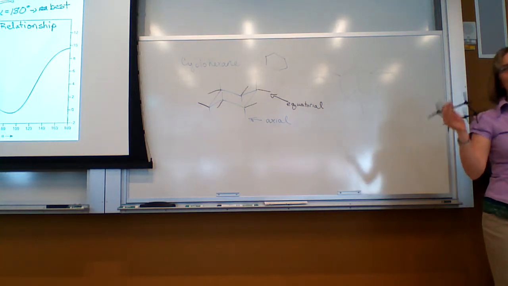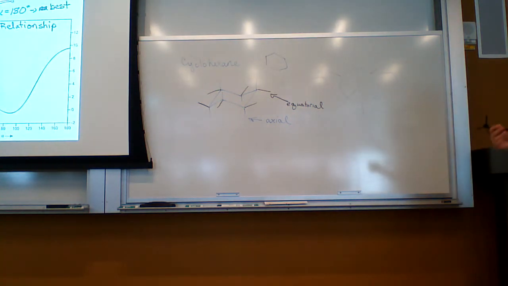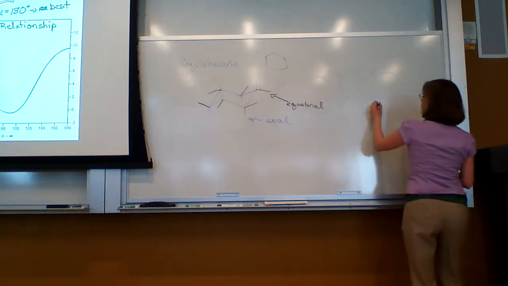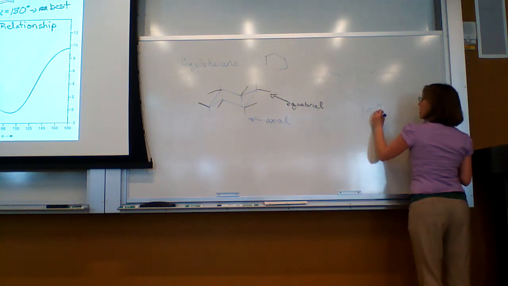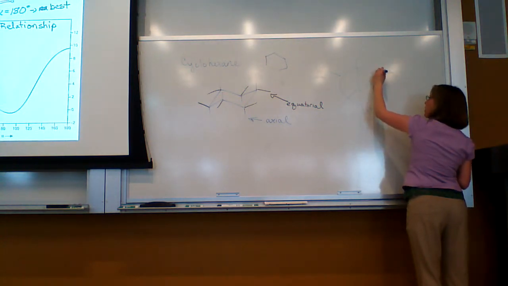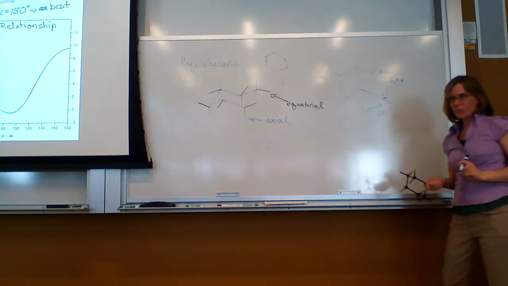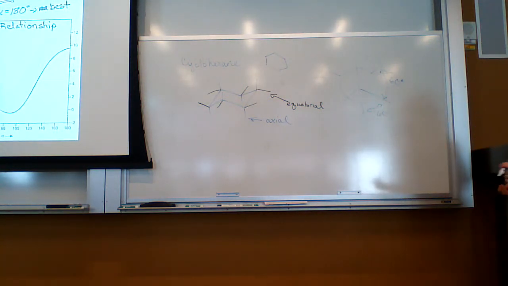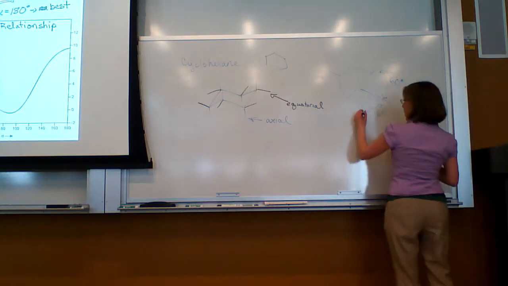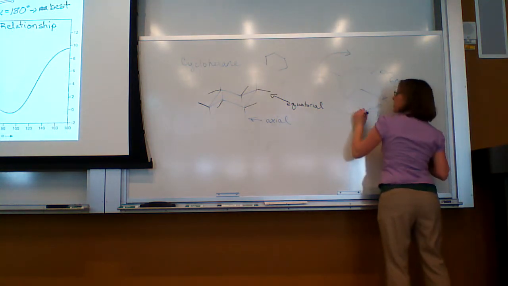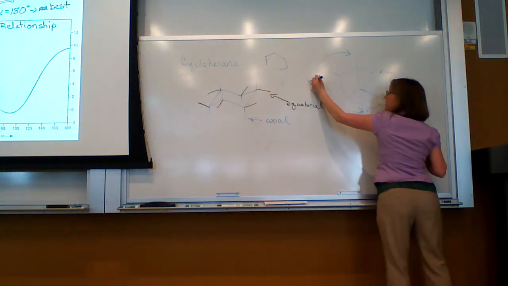We basically divide the circle into 6 equal parts, and so these angles are 60, well, not the way I drew them, but they are 60. And those are all supposed to be 60, and then your axial-axial interaction is 180.